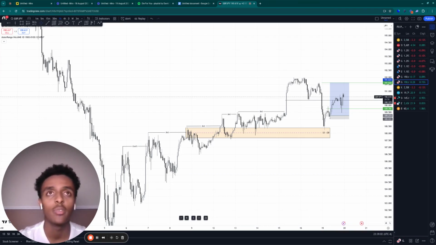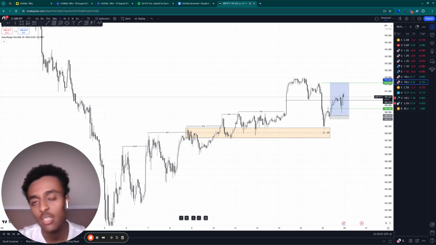It's more so you need to see everything line up to the T, and you have to pick your confluences, because sometimes I just merge one or two of my strategies or two of my models, you could say, so that I could have enough confluence and confidence in the trade itself.